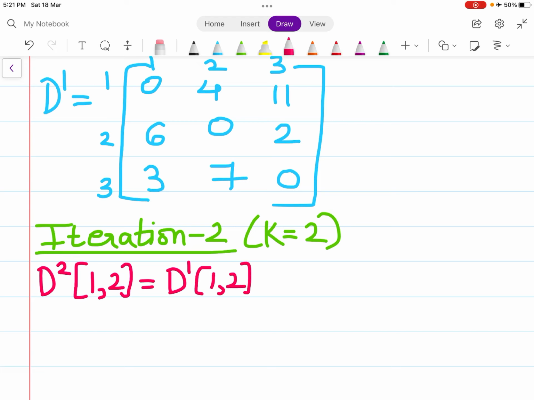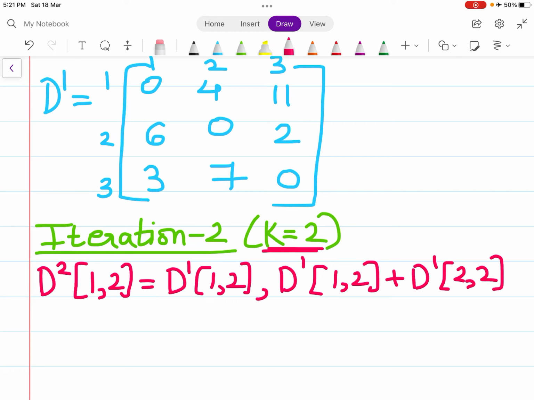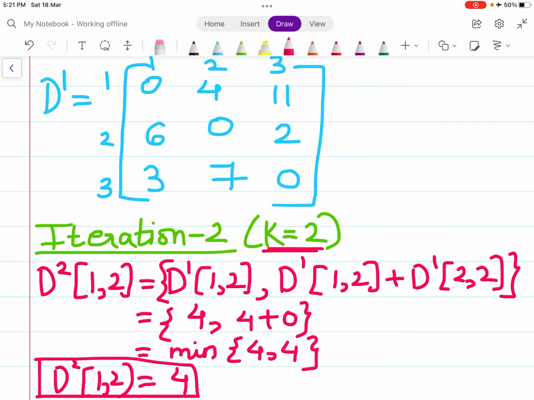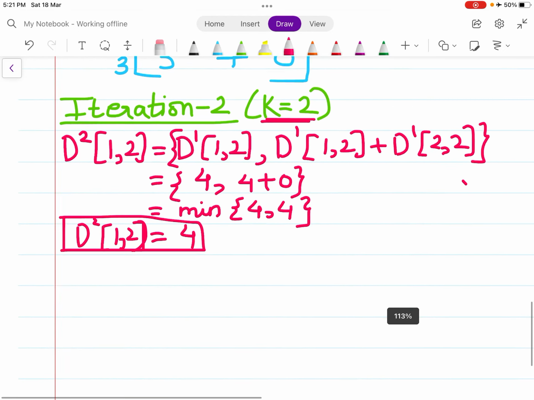So d1 of 1,2, and since k is 2, put 2 in the middle: d1 of 1,2 plus d1 of 2,2. d1 of 1,2 is 4, plus self loop 0. So minimum of 4 and 4 is 4. So d2 of 1,2 is 4.